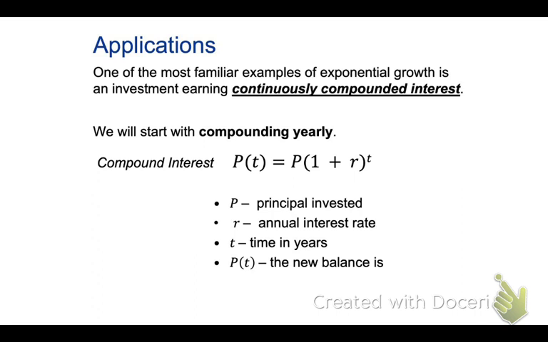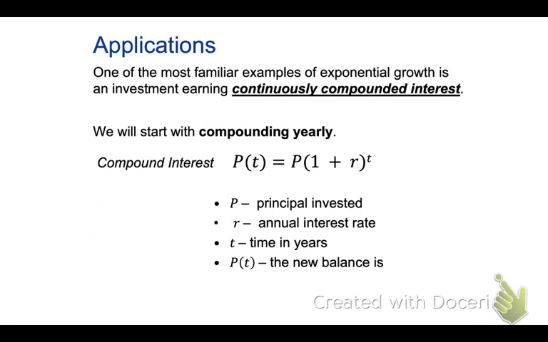P is the principal. What does it mean, principal? Personal finance, guys. What's principal? What you start with. R is your annual rate of interest. T is time in years. So 6 months is how much of a year?